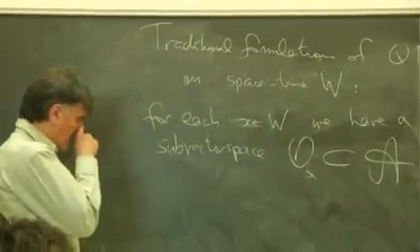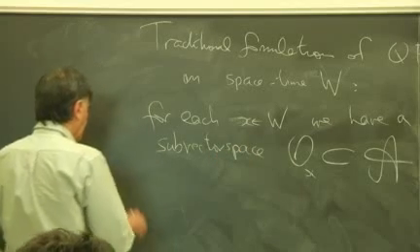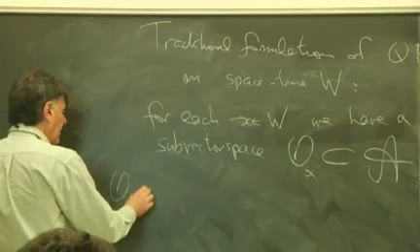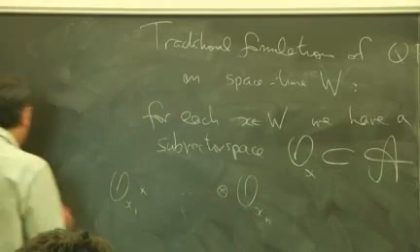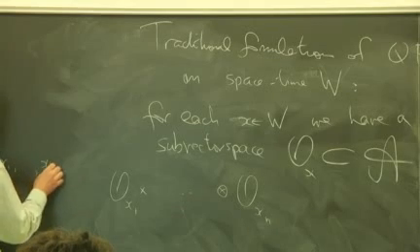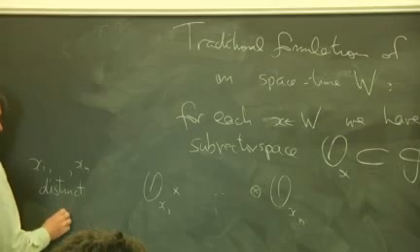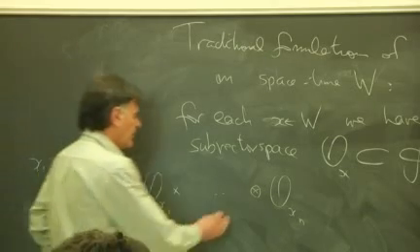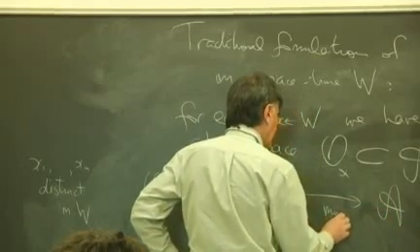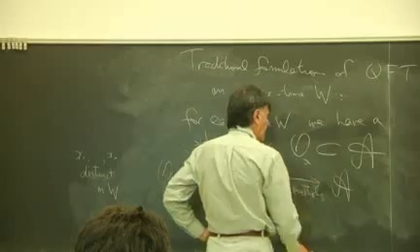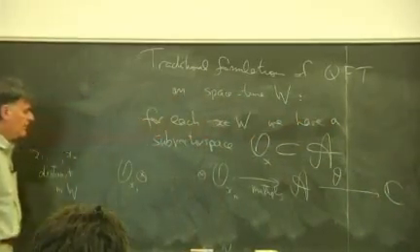And all the information about the theory is contained in multilinear maps whenever we take n distinct points. So supposing x1 to xn are distinct in W, then of course we can multiply them together in A. And then we have this theta, remember, which was what quantum theory said was there.